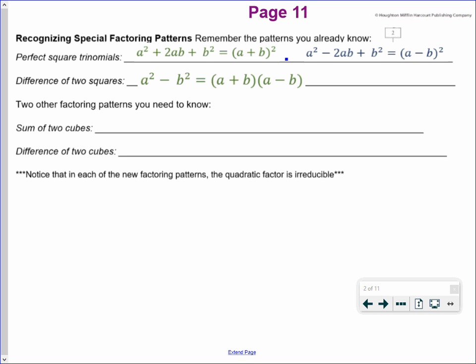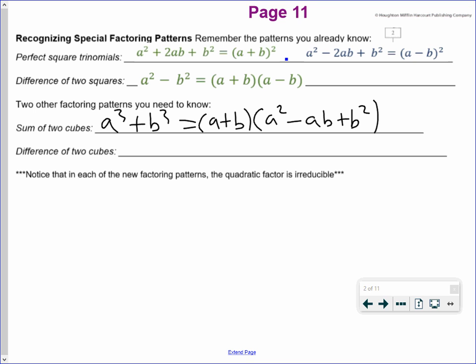There's the sum of 2 cubes and the difference of 2 cubes. Okay? The sum of 2 cubes will be when we have an a cubed plus b cubed, hence the name sum of 2 cubes. And that will equal a plus b, the first parentheses, the signs match, multiplied by a squared minus ab plus b squared.